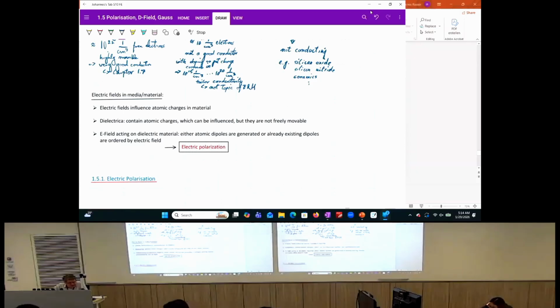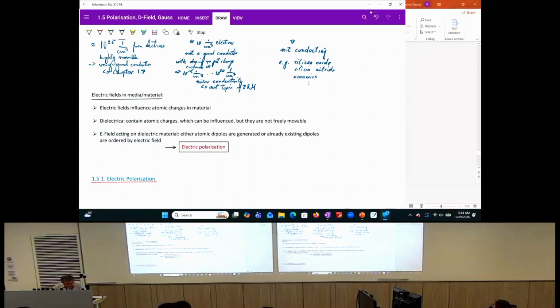If these materials are exposed to an electric field, then the electric field can influence the atomic charges in the material. And this basically gives some feedback onto the electric field.